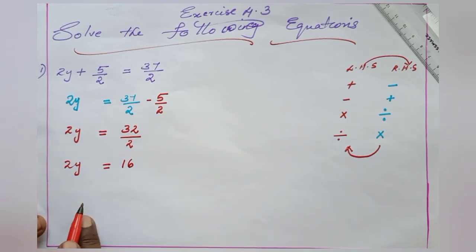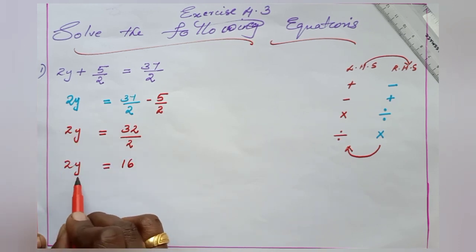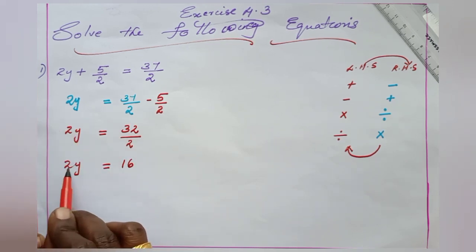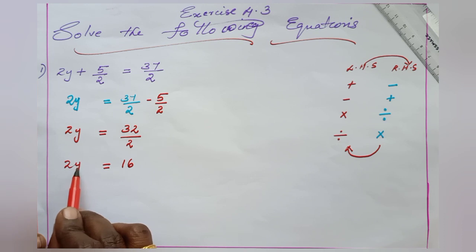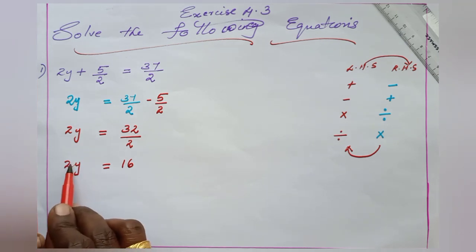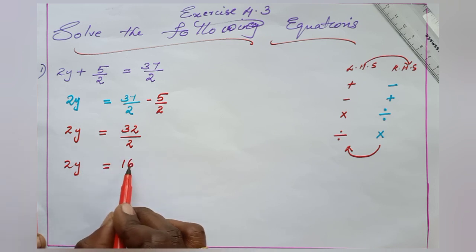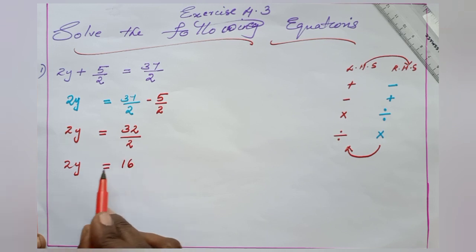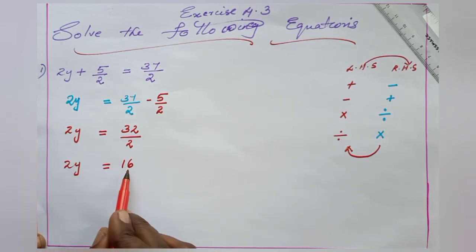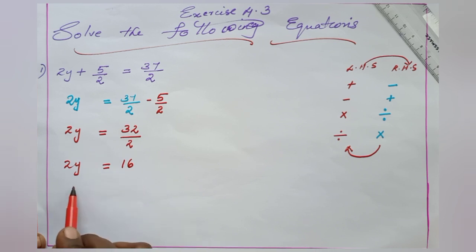Okay. Then we want to find out the value of y. So here 2 into y. We want only y. This multiplication is transposed to the right side and changes into division. So take 2 from LHS to RHS, dividing by 2.